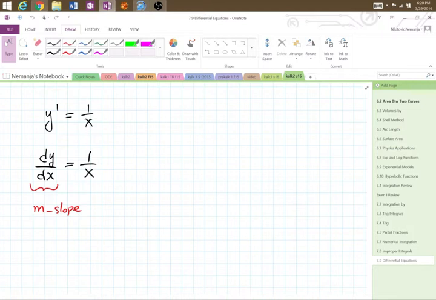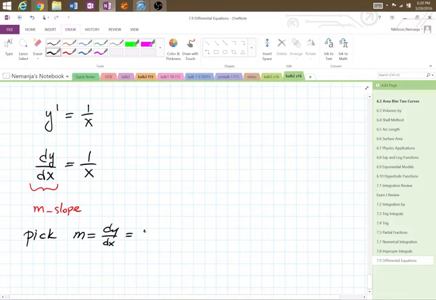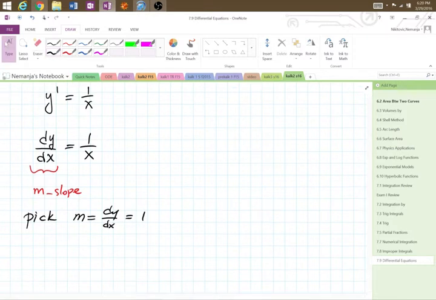Pick m, which is our derivative dy/dx, to be 1. That will produce 1 equals 1 over x, from where x is equal to 1.